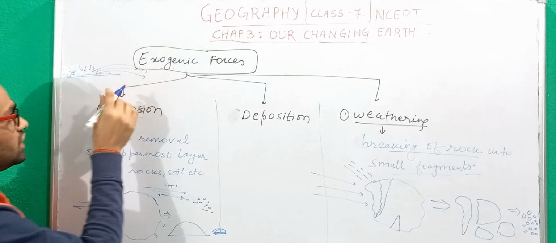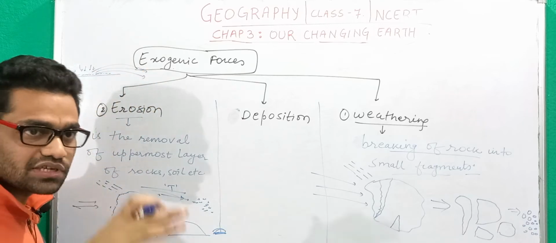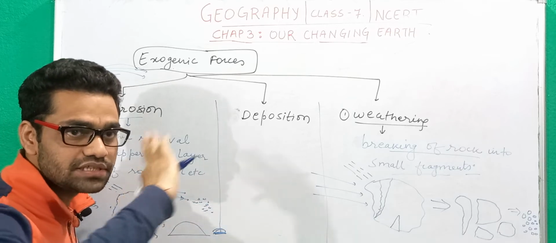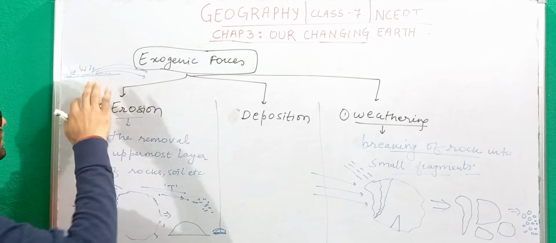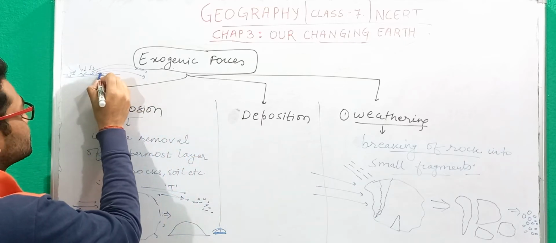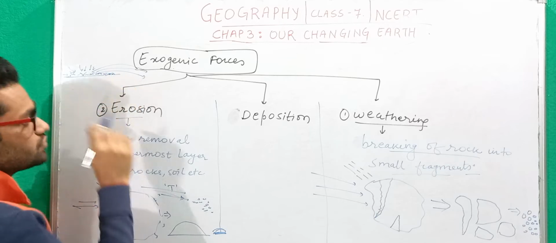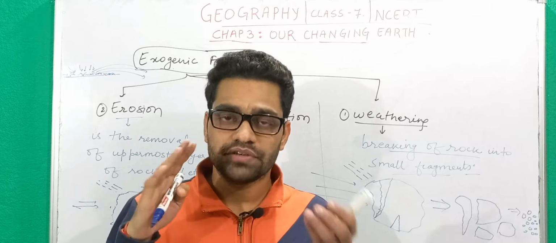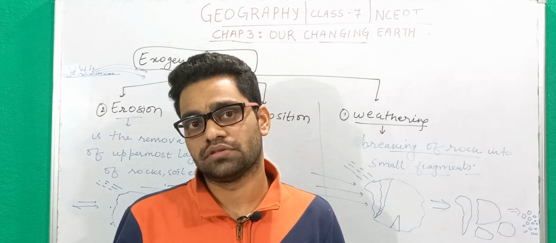If the soil has grasses, the grass will prevent the uppermost layer of the soil from being removed. If we have grass here, the uppermost layer of the soil will be protected from the wind.